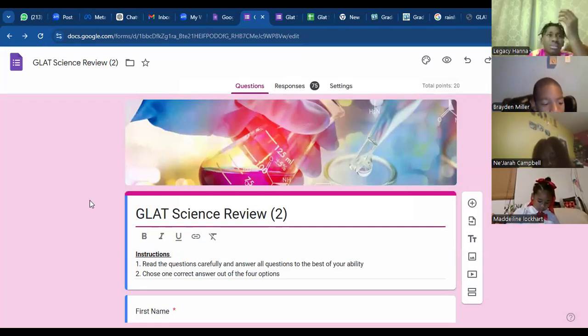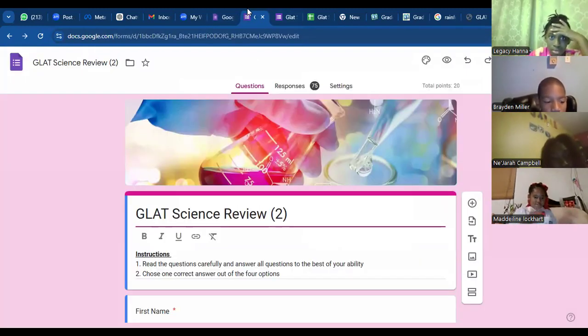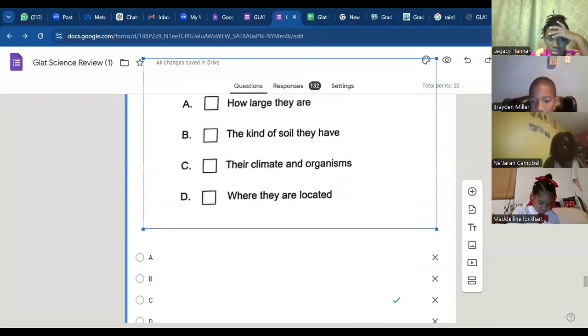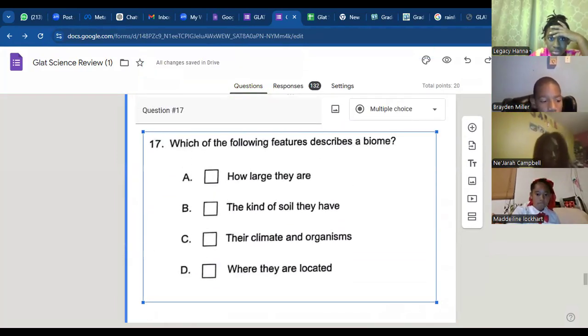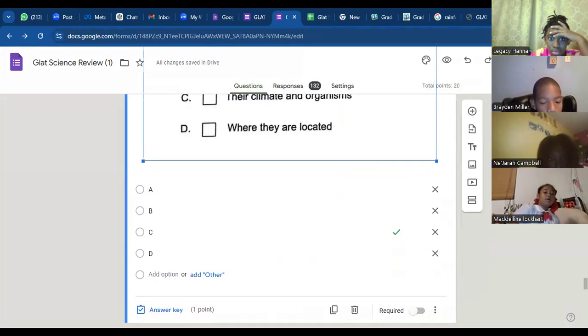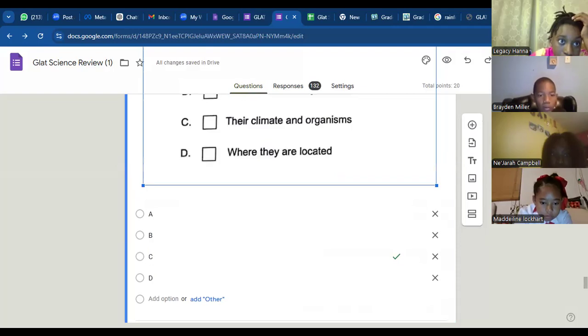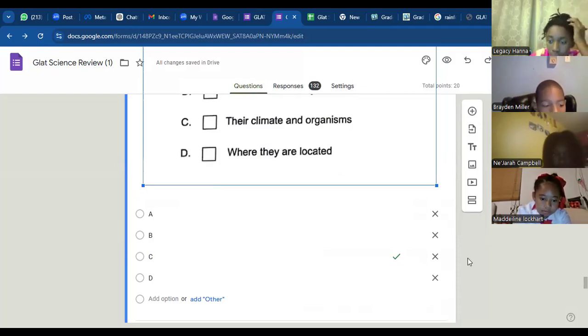I changed my answer for 17 to what they said the real answer was, then it gave me wrong. Number 17 is supposed to be about climate and organisms. I put C and they said it's wrong. It's B. It's C. I have it rated at C.